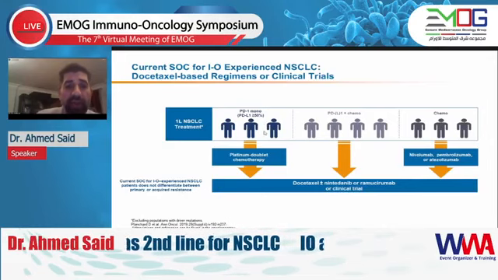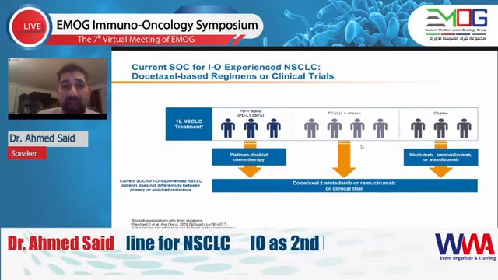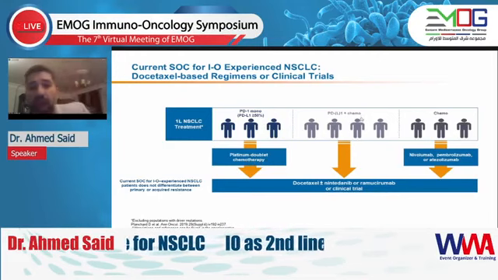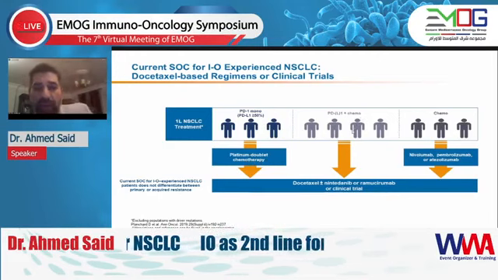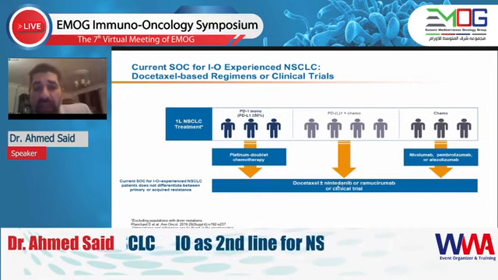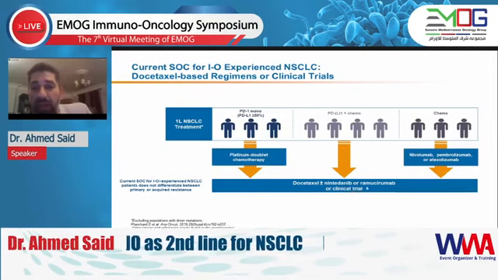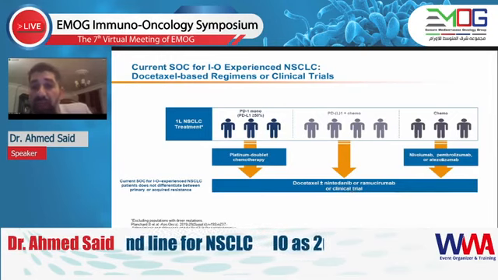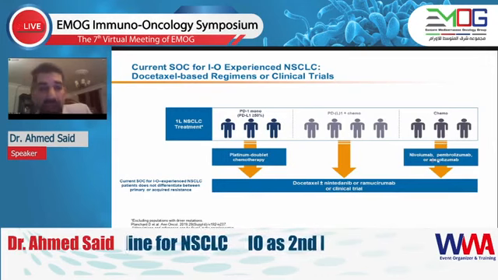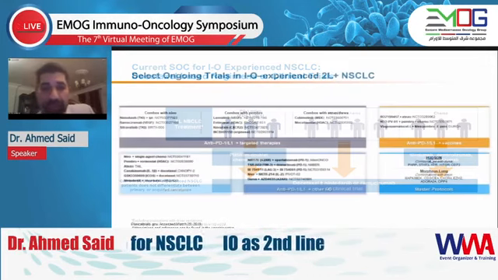For those who received mono, the approved approach is platinum doublet. For those who received combo, we can give docetaxel, nintedanib, or combination with ramucirumab, or a clinical trial. But if they received only chemo, we can proceed to an IO regimen as we explained here.